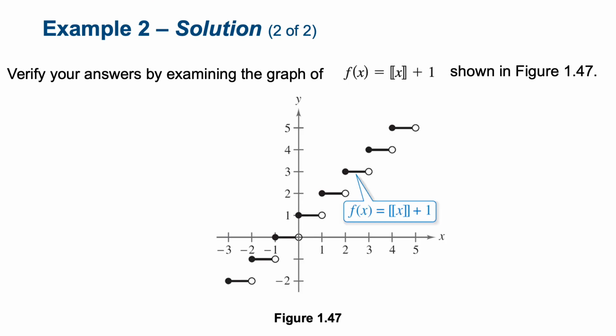And you can verify your answers by looking at this graph. So we had negative 1. x is equal to negative 1 right here. Okay, so the value of this was 0, and it is. And then for x equals 2, the greatest integer less than or equal to 2 is 2. Okay, so then we have 2 plus 1.